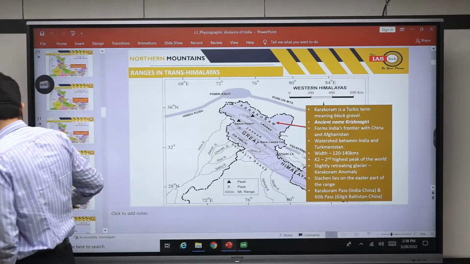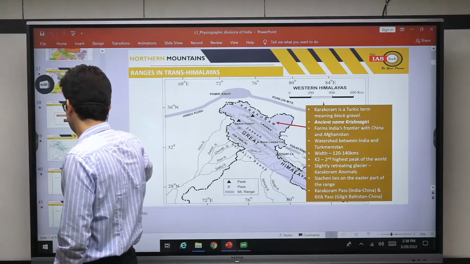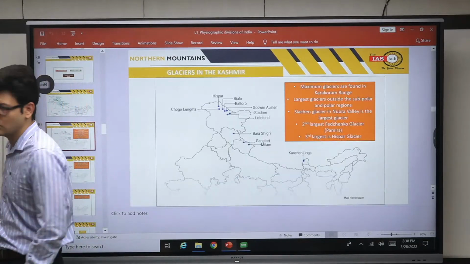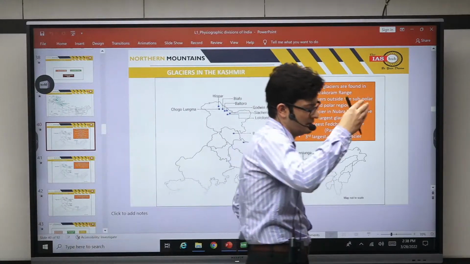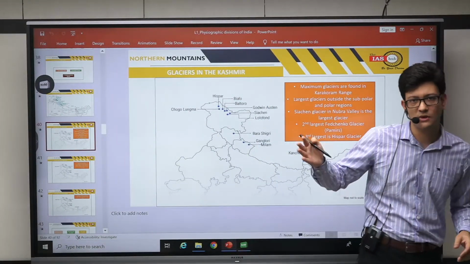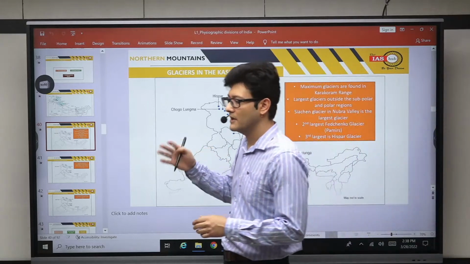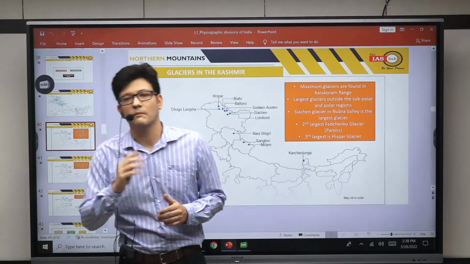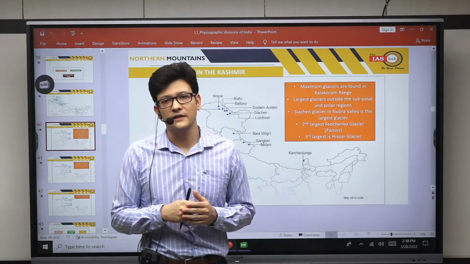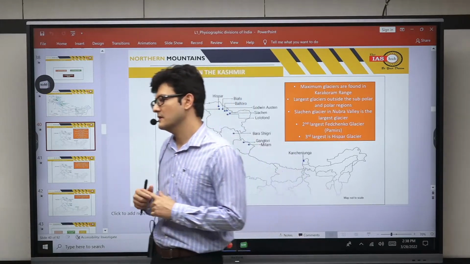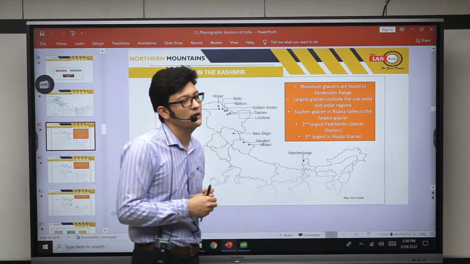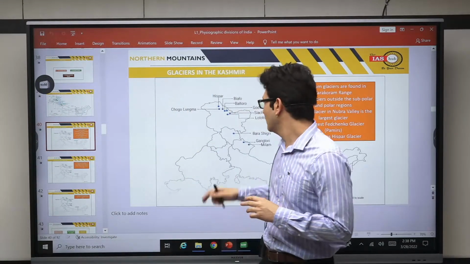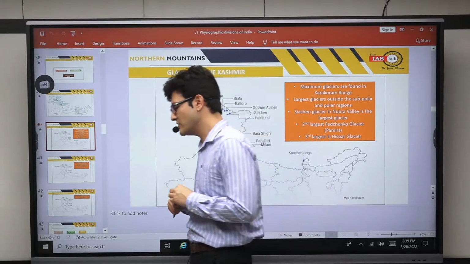After covering the passes, we took up glaciers. Some important glaciers we took up, discussed in the pattern of the Himalayas only. In the Himachal, we discussed the Sonapani Glacier and the Bara Shigri Glacier.